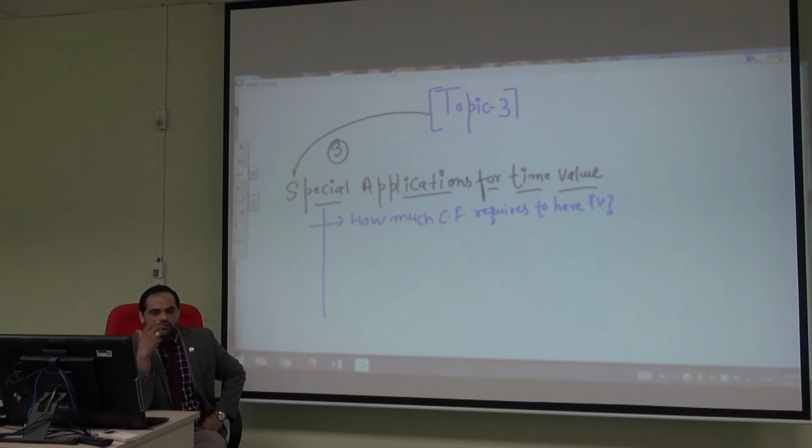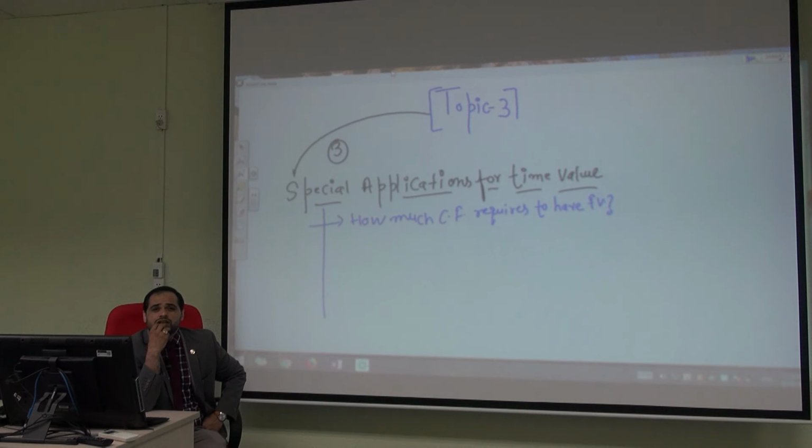So you have low risk and of course low return as well. You ask the bank what rate of interest they will offer if you deposit money in your account for the next 5 years. Let's say the bank says 10%.